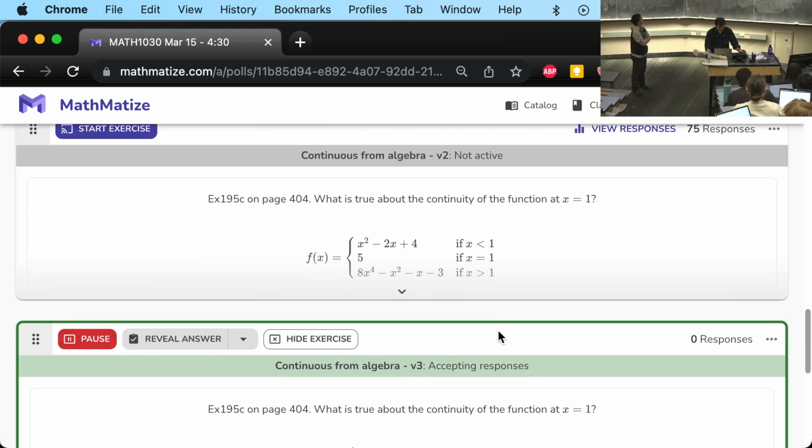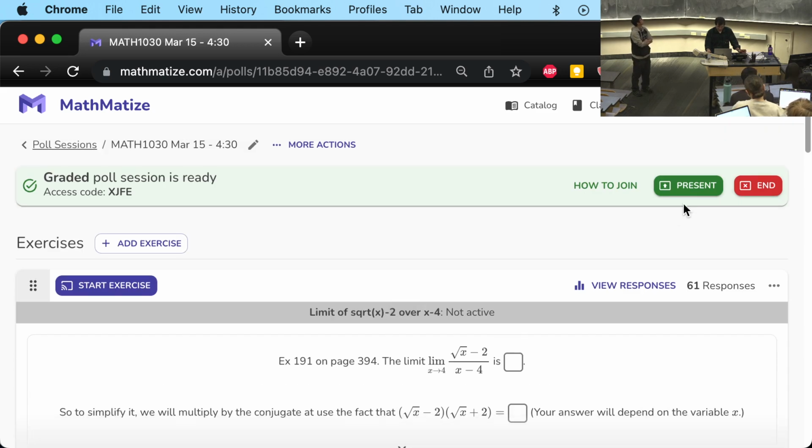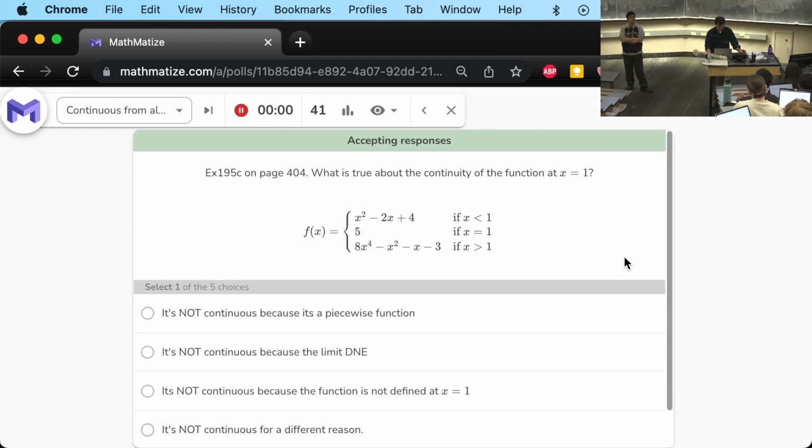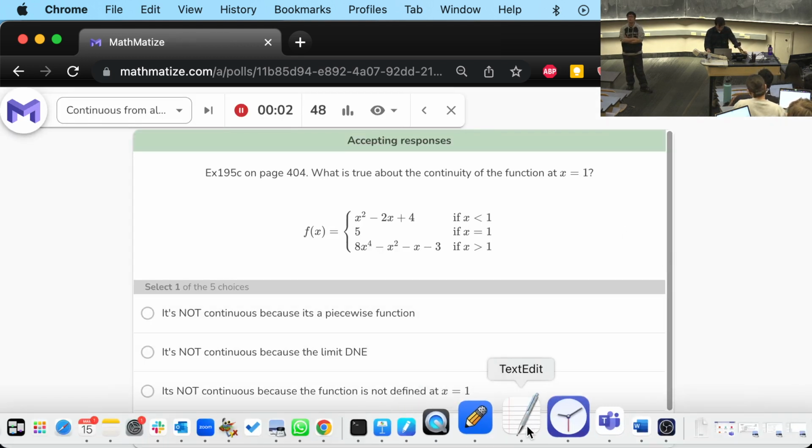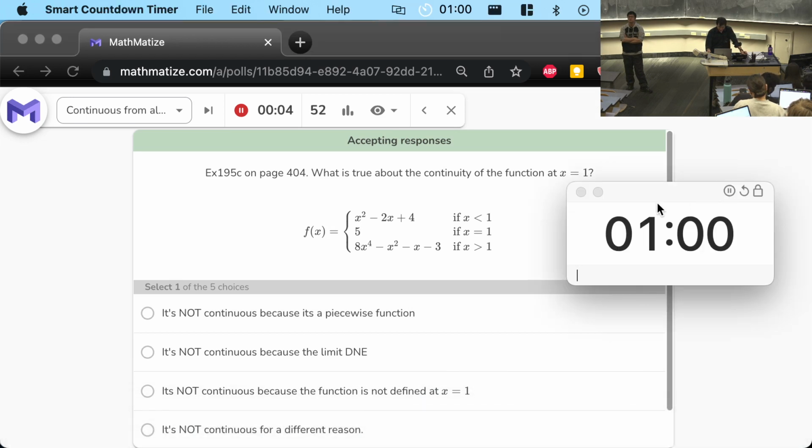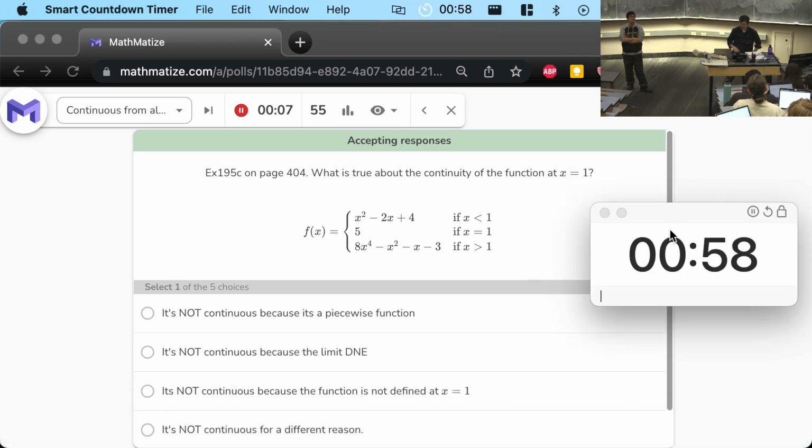So think carefully. What is going on? What does it mean to be continuous? Is it continuous or not? And really do think about it.